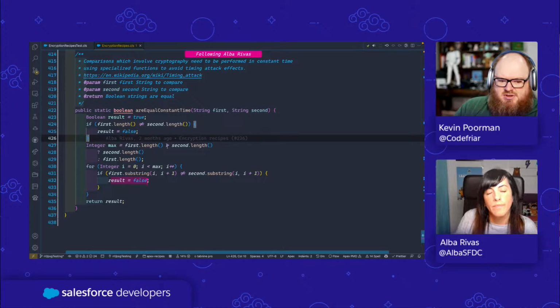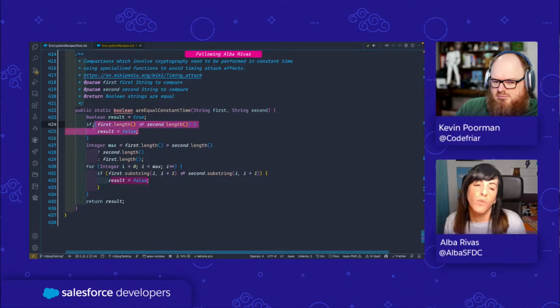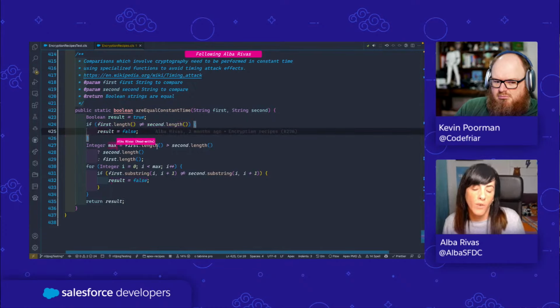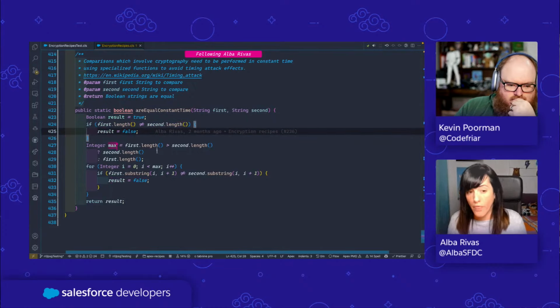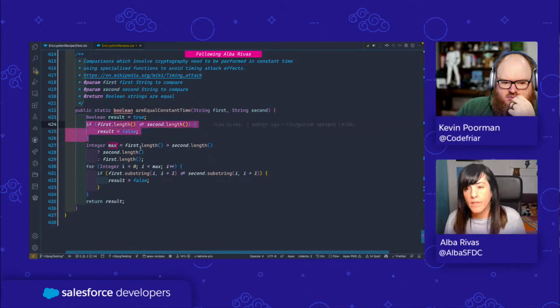If the first length is greater than the second length, then shouldn't we have already bailed? We are trying to find the maximum length, so that we execute the for loop till the maximum length. But shouldn't we have already bailed if the two lengths don't match?